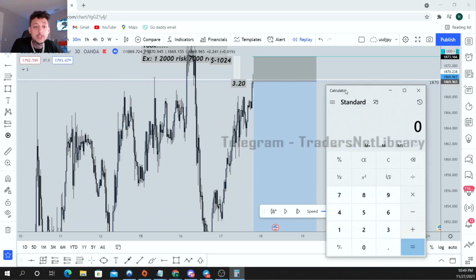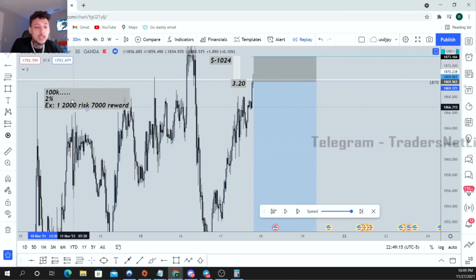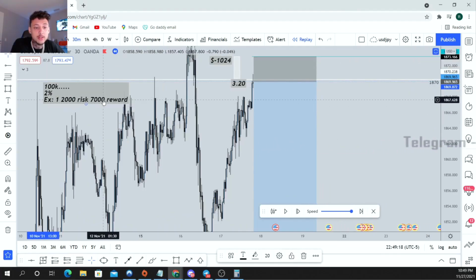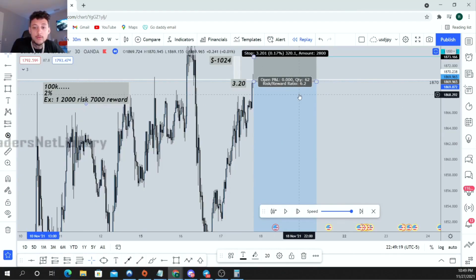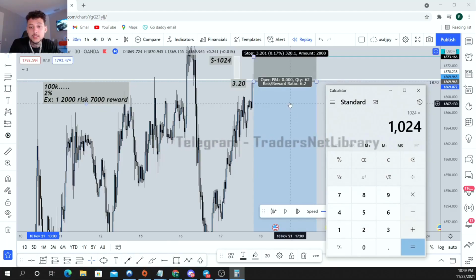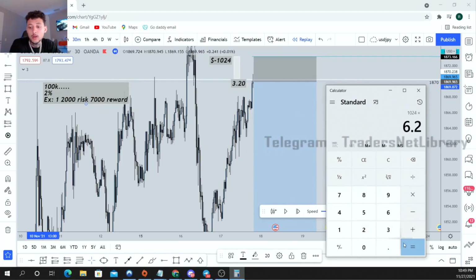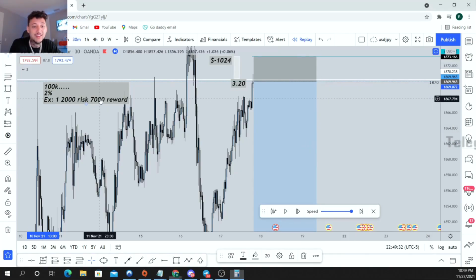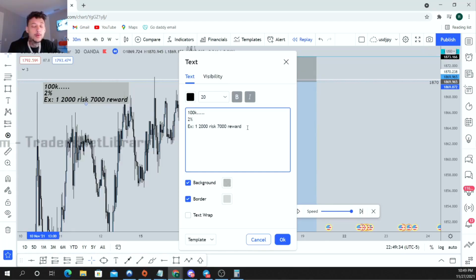Remember, in our first example, we were risking $2,000 to make $7,000. In this situation, we have a 6.2 risk-reward ratio, meaning we're risking 1024 times 6.2, which is going to give us $6,348. By risking literally 50%, we're almost making exactly what we would by taking less risk.